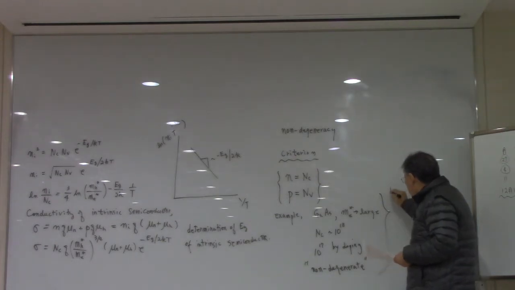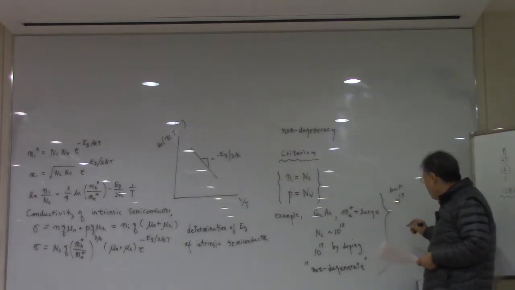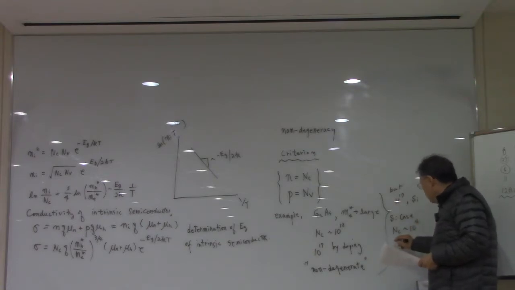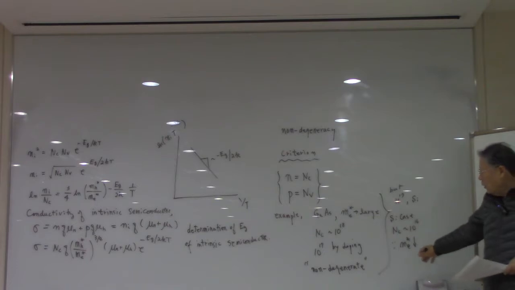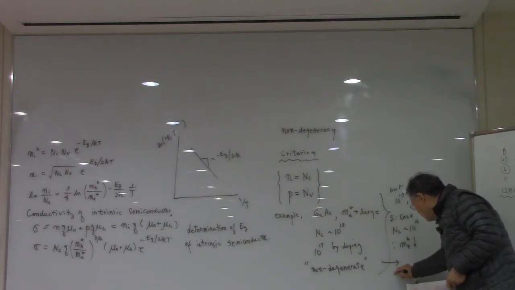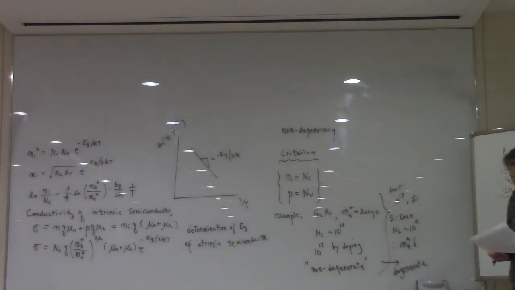But if you put the same amount, 10 to the 17th, by doping into silicon, in the silicon case Nc is about 10 to the 16th, due to the effective mass of electrons in the effective density of states, then it becomes degenerate, with the same amount of doping in the silicon.